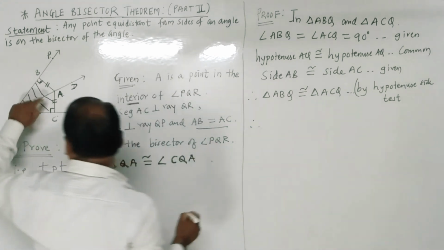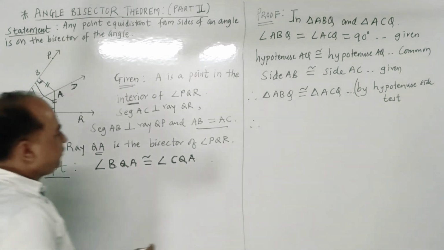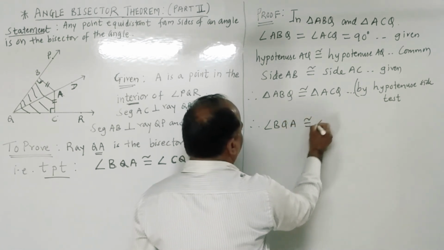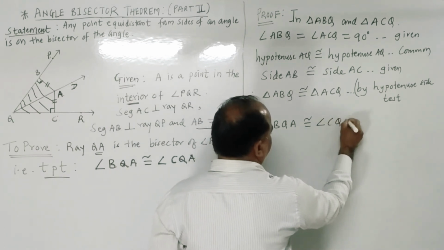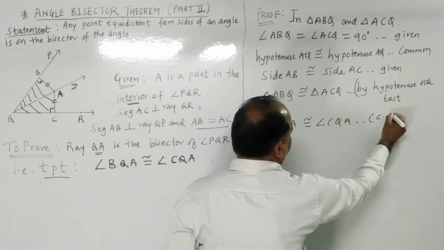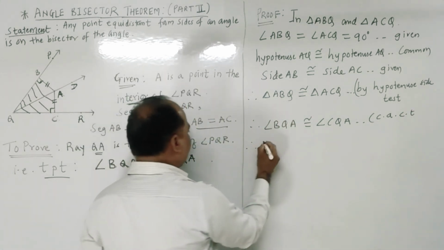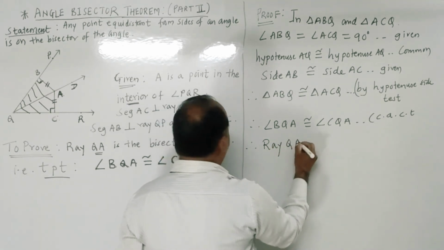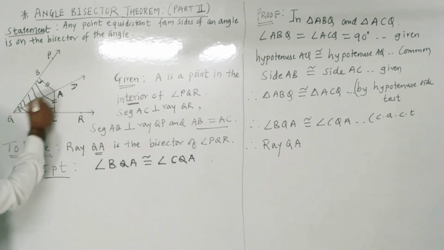Therefore, once two triangles are congruent, corresponding sides and corresponding angles are congruent. Therefore, angle BQA is congruent to angle CQA, corresponding angles of congruent triangles. Therefore, these two angles are congruent, and this is the angle bisector.